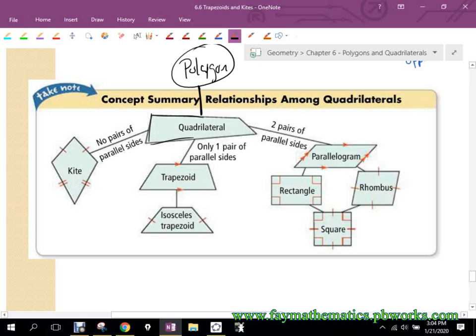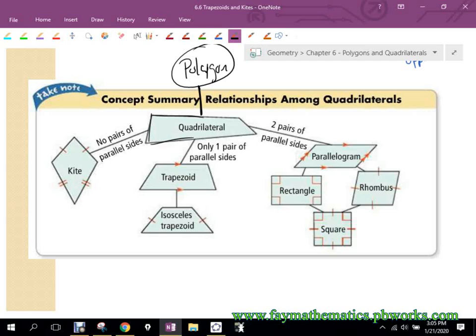The way this flow chart is set up, those blue shapes represent a quadrilateral, a kite, or a trapezoid, and those shapes are accurate to the names in them. Just because you have no parallel sides doesn't automatically mean it's a kite. You need to find distances to differentiate that.